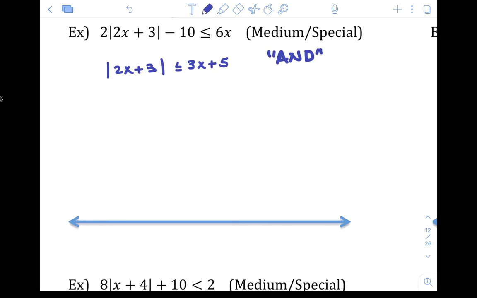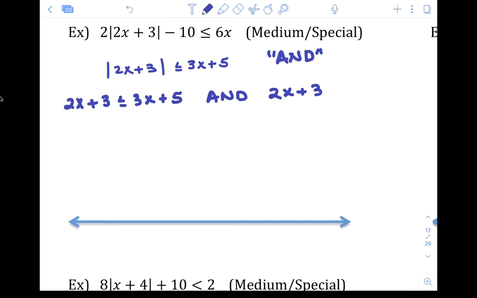Let's write those problems out. Remember, what you do is you drop the bars and write the problem twice. The second time you write the problem, you multiply one side by -1.